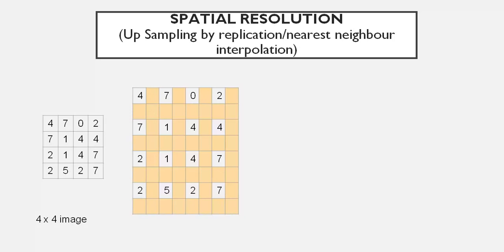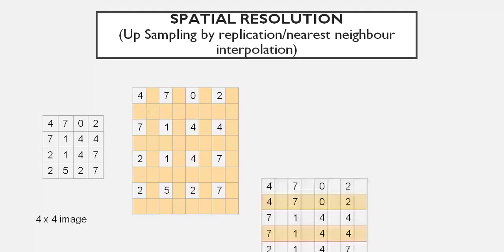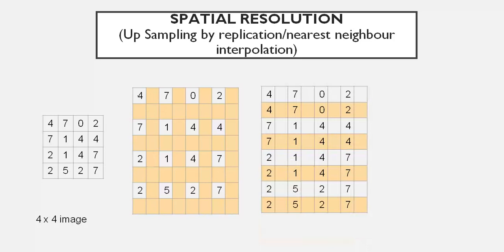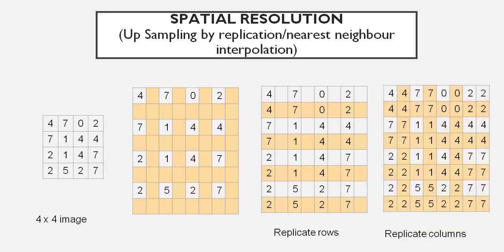Now, in the nearest neighbor interpolation, we just replicate rows and we replicate columns. So when we replicate the rows, if you see, we have replicated the rows here. So this is the output that we obtain. And the next step is replicating the columns. So here we have replicated the columns and we have obtained an 8 cross 8 image from this 4 cross 4 image.